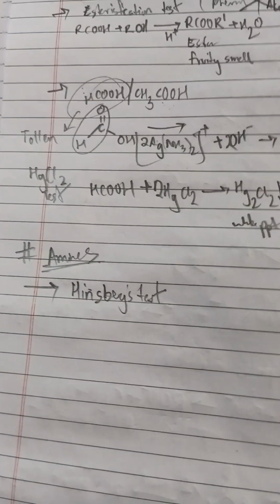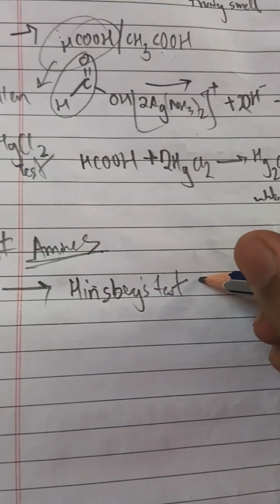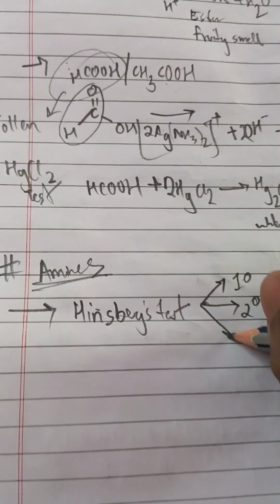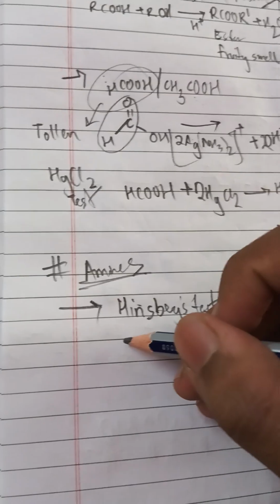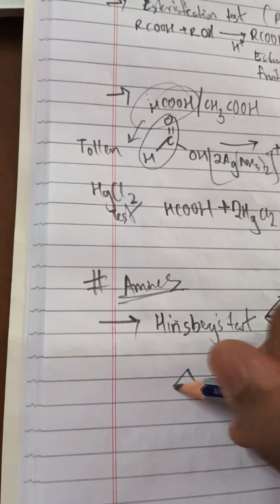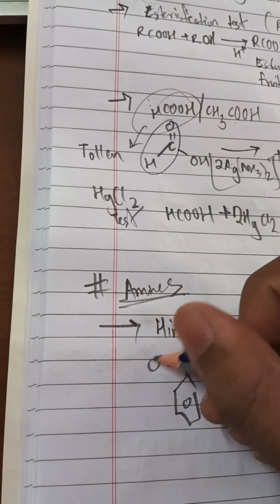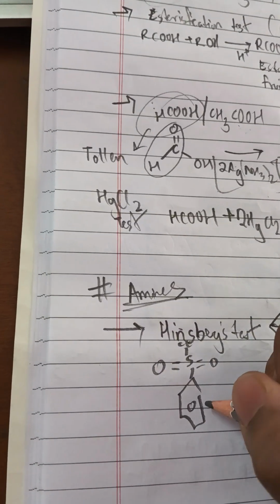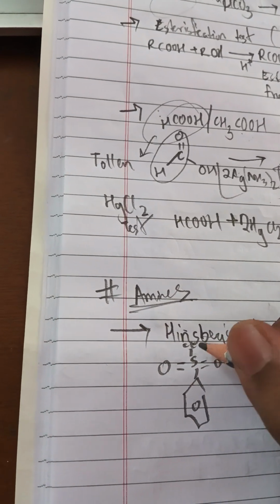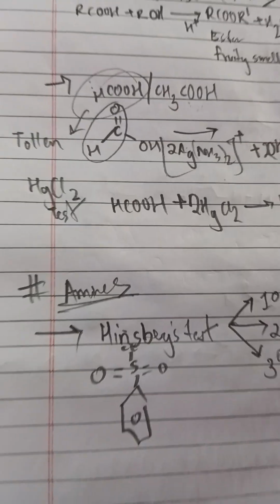The three amines behave in different ways. So it has three different tests. Let's do it for 1 degree, 2 degree, 3 degree. First of all, what does the reagent look like? The reagent looks something like this. Benzene sulfonyl chloride.